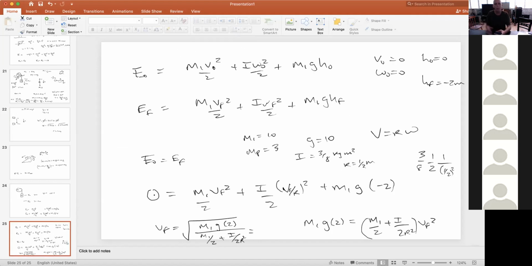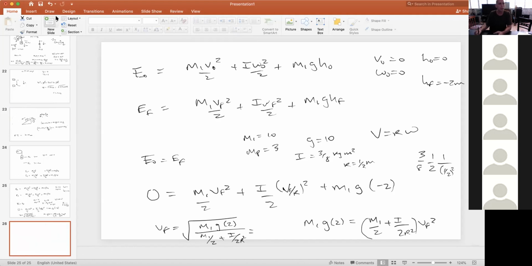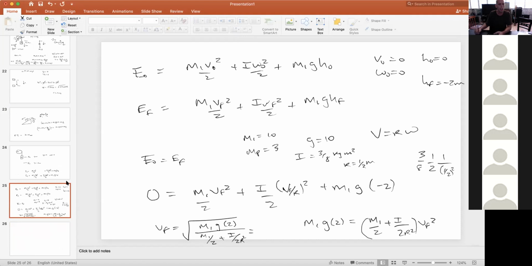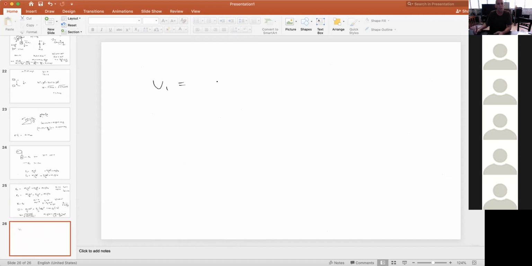Let me double check my math and do it actually in a little bit better way. So V final is equal to the square root of M1 times G times 2 over M1 over 2 plus I over 2R squared.